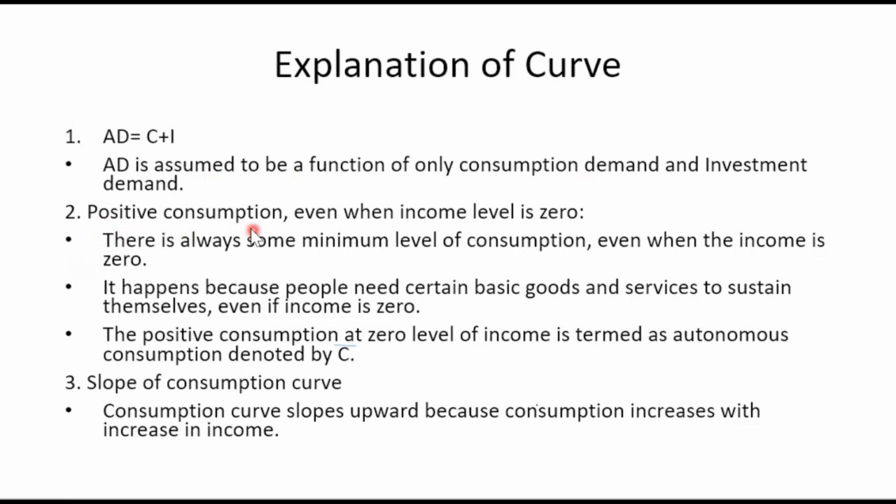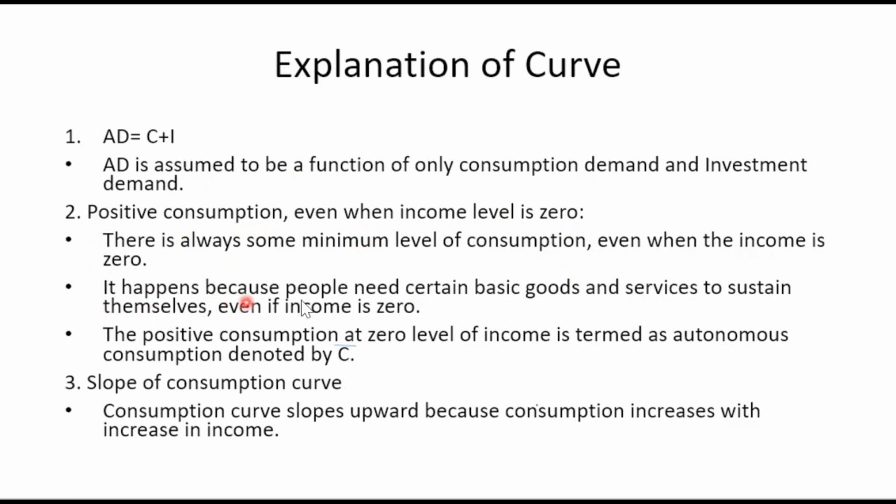Second, what conclusion have we drawn? That there is positive consumption even when the income level is zero, that is autonomous consumption, which means there is always some level of consumption even when income is zero. Why?